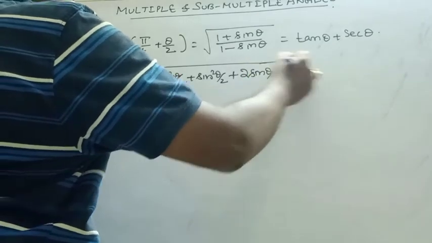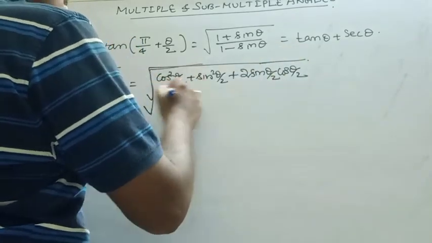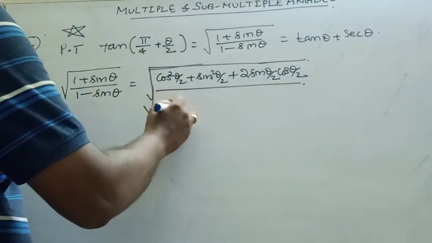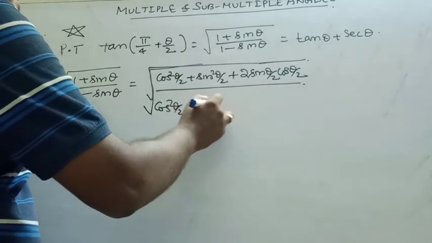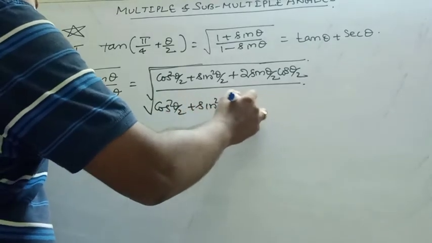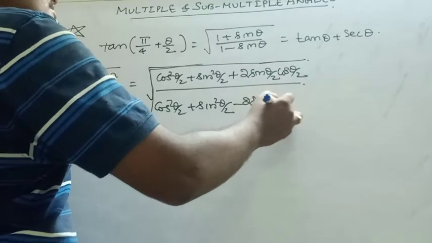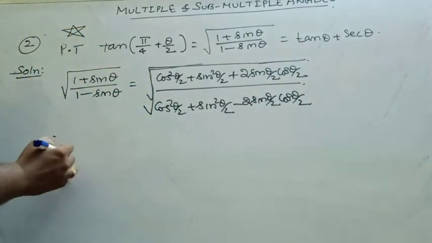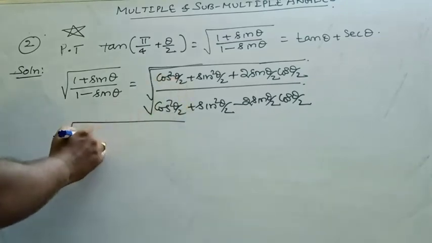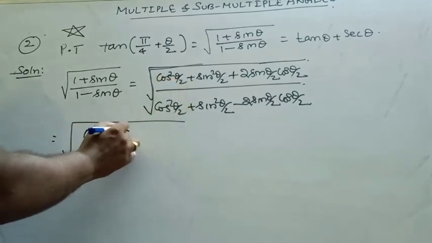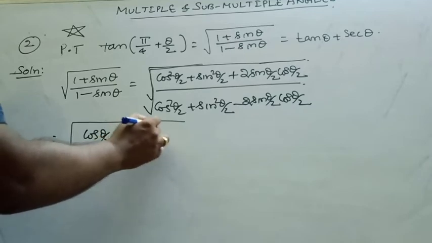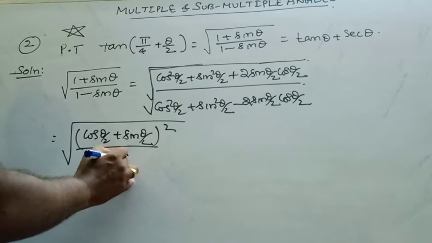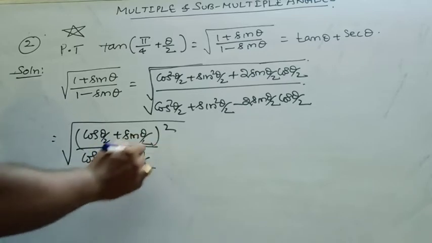Whole thing divided by cos square theta by 2 plus sin square theta by 2 minus 2 sin theta by 2 into cos theta by 2. Very good. Now see, we can write this as cos theta by 2 plus sin theta by 2 whole square, by cos theta by 2 minus sin theta by 2 whole square.